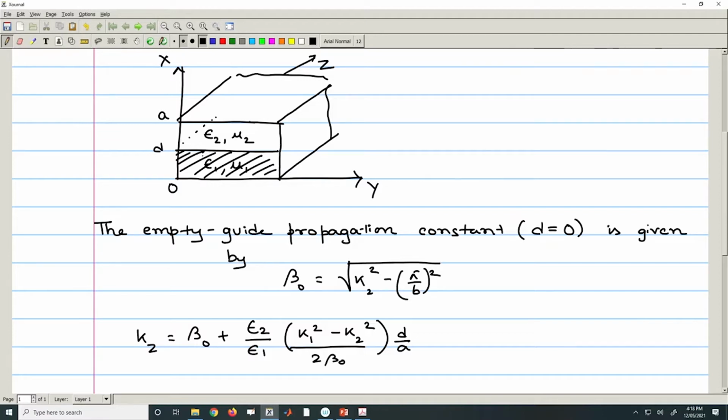The waveguide is filled with epsilon 1 mu 1 from 0 to d, and from d to a it is filled with epsilon 2 mu 2.